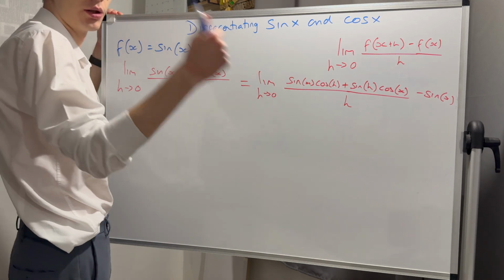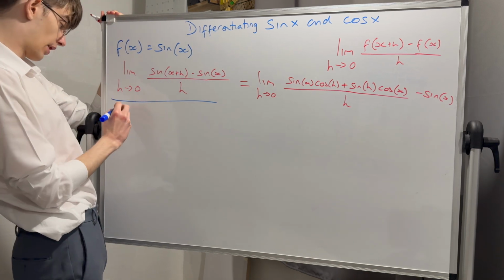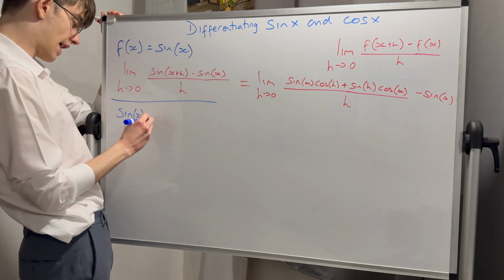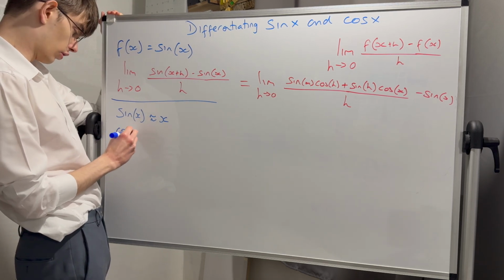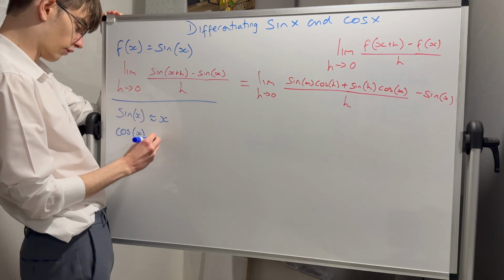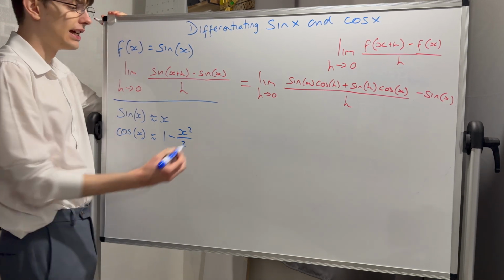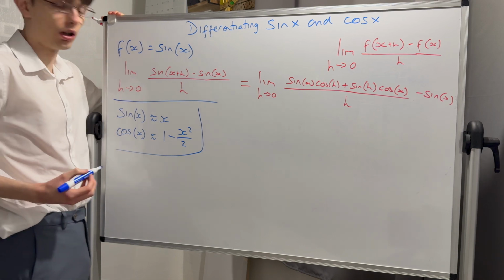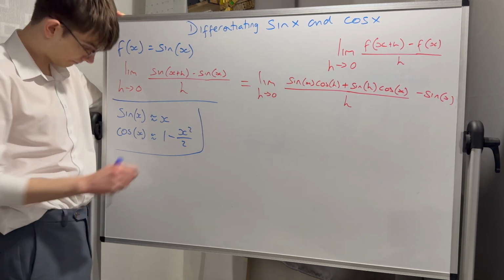Again, I've got a video on this if you're not happy. For now, I'm just going to state it, that sine of x is roughly equal to x, and cos of x is roughly equal to 1 minus x squared over 2. If you're looking at these saying, what on earth is going on here? Check out my video on small angle approximations.